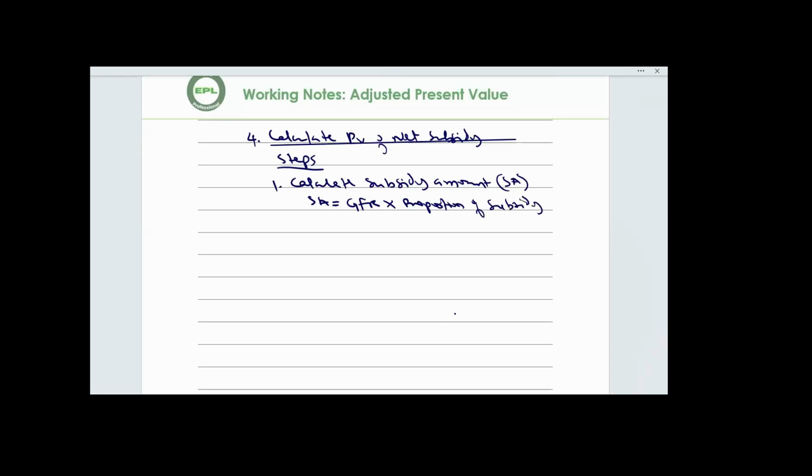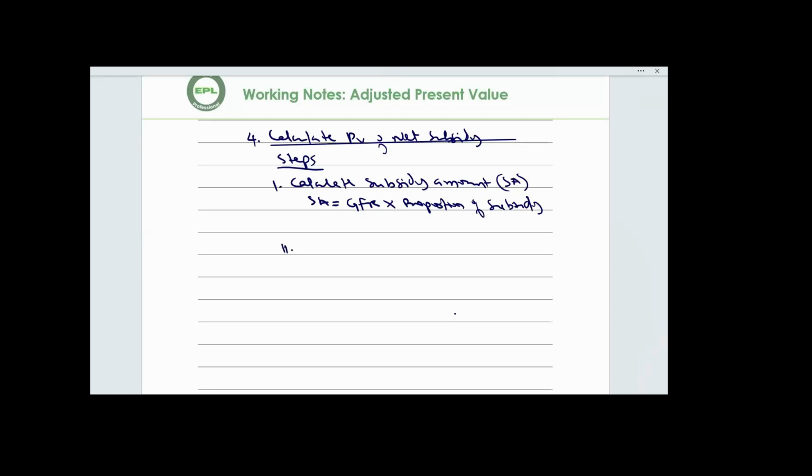The examiner will surely tell you the proportion of the subsidized loan. Say, for example, out of 100% of the finance required, 60% is for subsidy. It means that the balance of 40% is normal borrowing. If subsidized loan is 70%, normal borrowing is 30%. So you need to know how to interpret this.